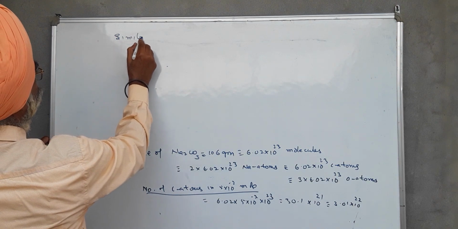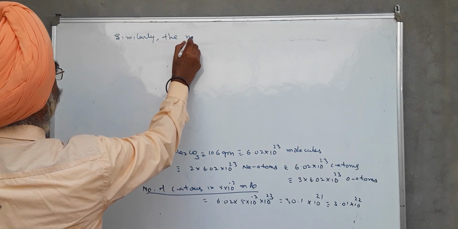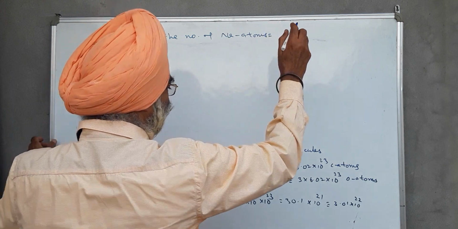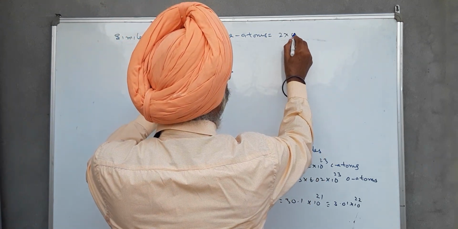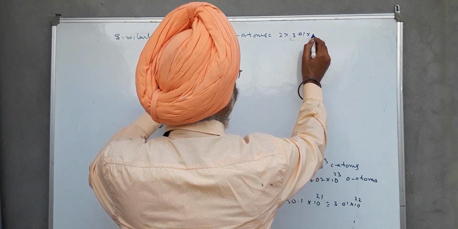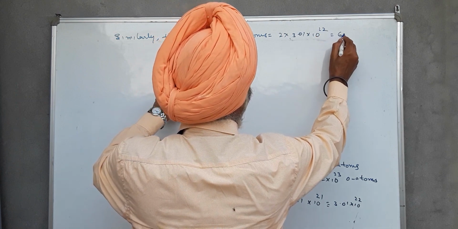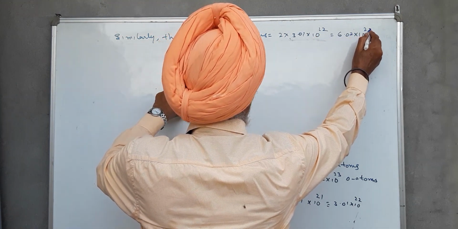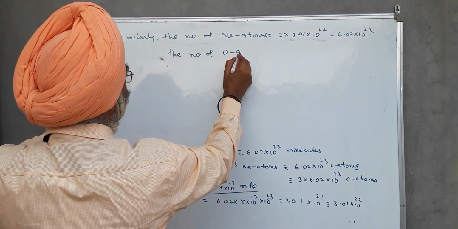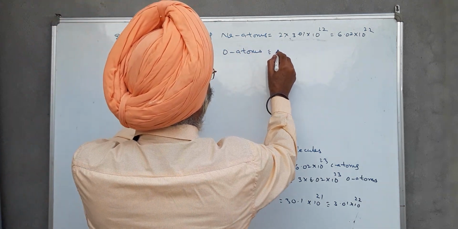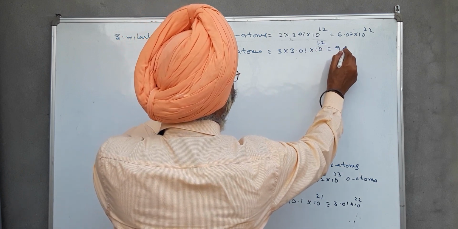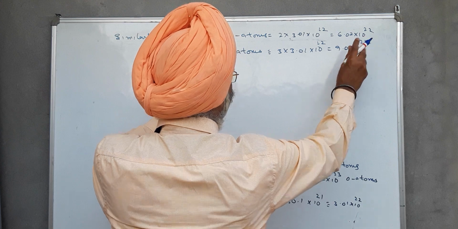Similarly, the number of sodium atoms is equal to 2 into 3.01 into 10 raised to the power 22, which is 6.02 into 10 raised to the power 22, and the number of oxygen atoms is 3 into 3.01, which is 9.03 into 10 raised to the power 22.